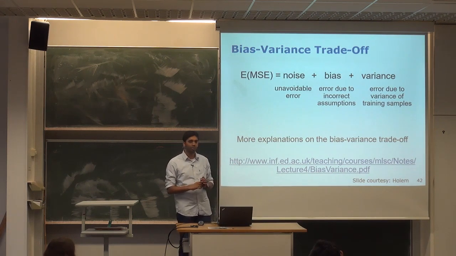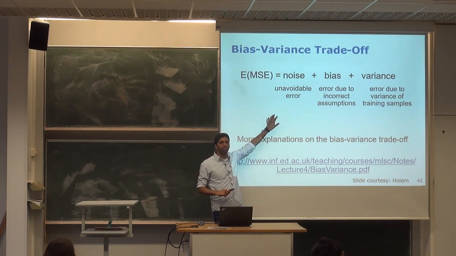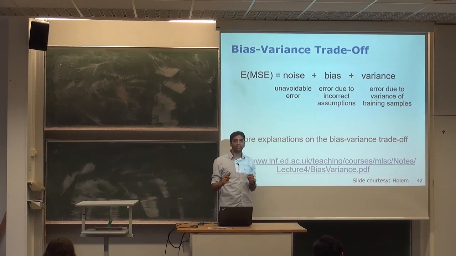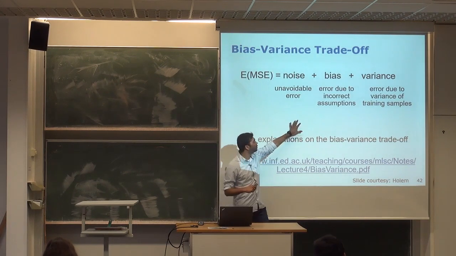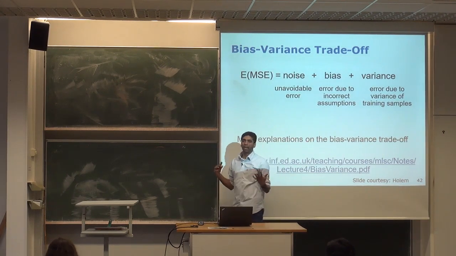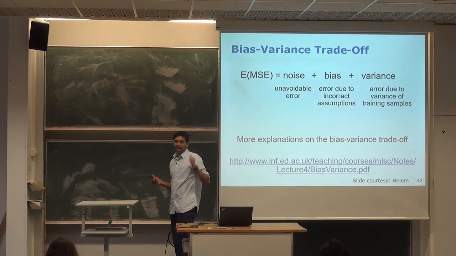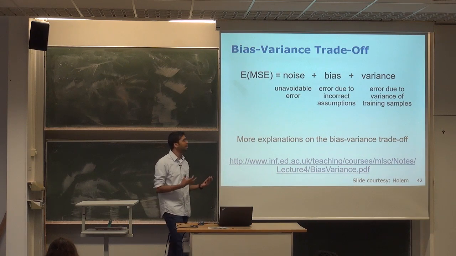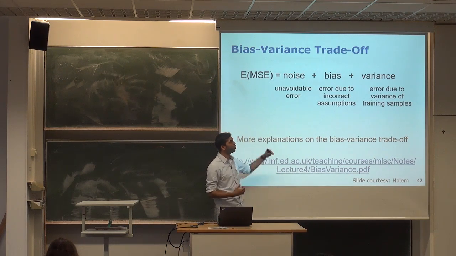So this is unavoidable. No matter what kind of classifier you design, you cannot reduce this unavoidable error. But you can always design a classifier, or choose a classifier, such that you reduce the bias and the variance. And if you saw the previous slide, you know that you can't arbitrarily reduce both bias and variance.